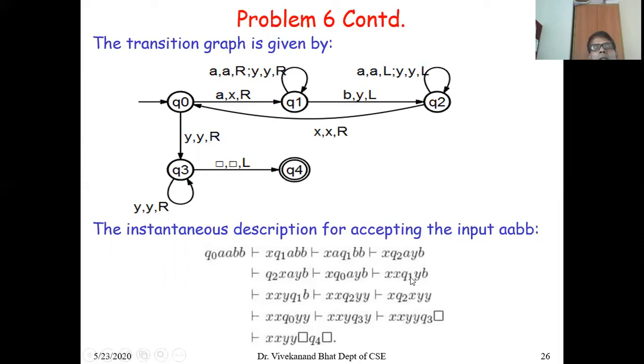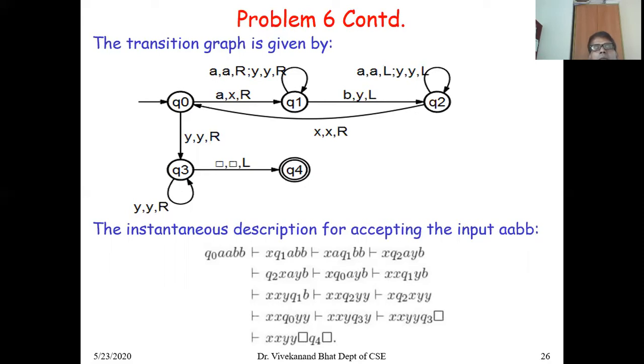So in Q1, replace Y by Y, moves right, and replace the second B by Y, moves left, and keep on moving left in Q2.